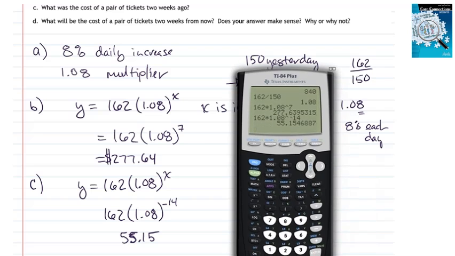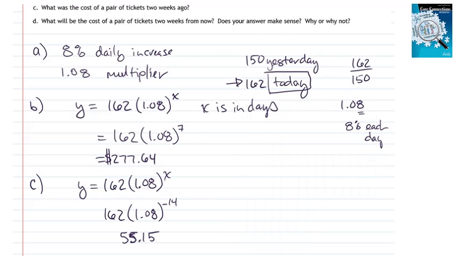Let me just double check here. I got 162 times 1.08 raised to the negative 14th power. So that should be 2 weeks ago. And I totally do not like how my 5 looks. That's terrible. Let me write that again. $55.15. There we go. So that would be the cost 2 weeks ago.